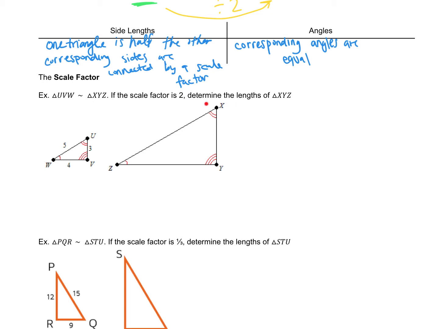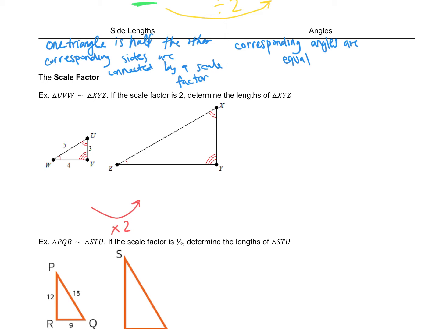So definitely XYZ is bigger, and it is double the length of UVW. So we want to take all the side lengths and multiply them by 2. Now I'm choosing multiplication here because multiplying by 2 will give me bigger side lengths. Technically we can also divide by the scale factor, but if I try to divide these side lengths by 2, I will get smaller dimensions, which wouldn't make sense in this visual.